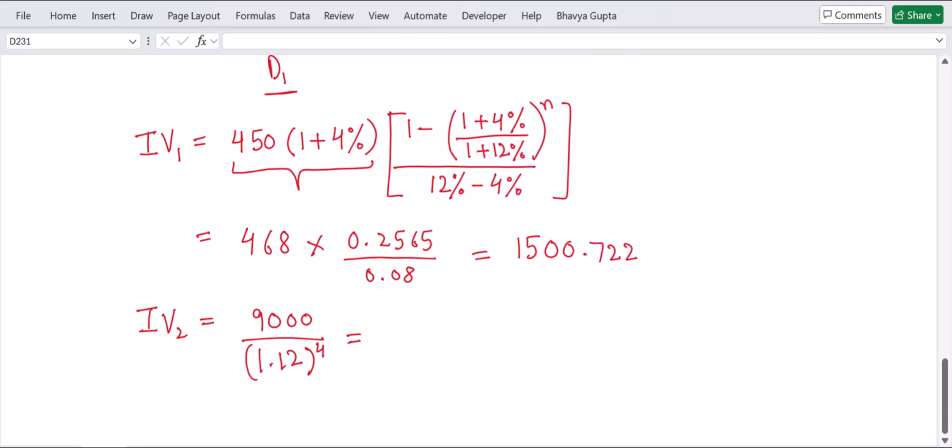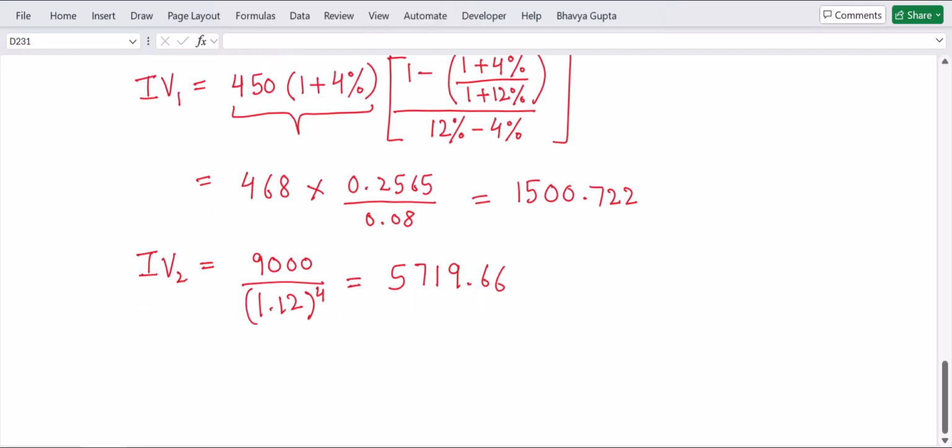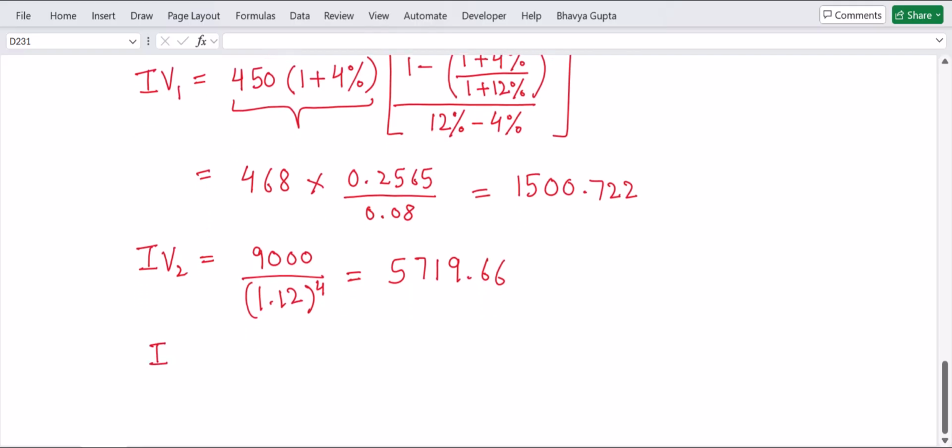So 1 by x will give us 0.6355 multiplied by 9000. That will give us the final result for IV2 as 5719.66. Okay. Now we will add these two IVs. So final IV will be IV1 plus IV2, which will be 7220. So this is the final result that we have got.